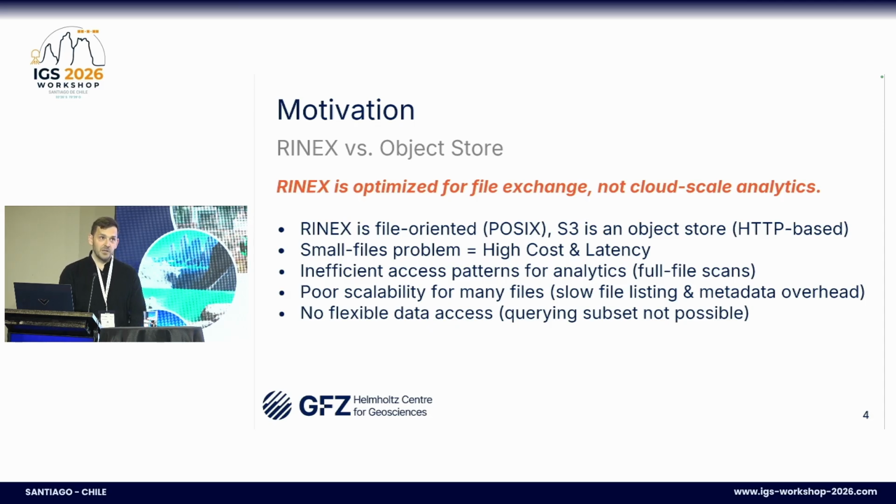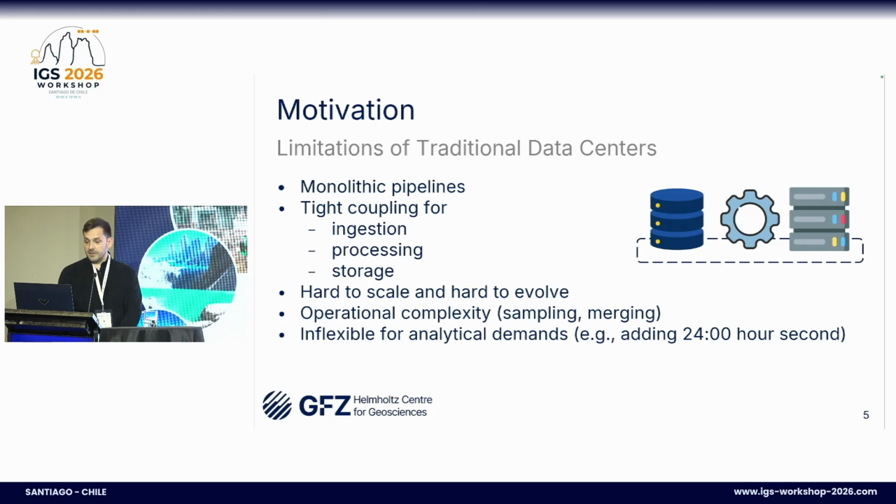And one of the major problems that we see with RINEX is that we have no flexible data access. We cannot simply query a subset of data. We always have to download the full file and extract what we need. The third motivation that we had is the limitation in our traditional data center. We have a monolithic pipeline with tight coupling between ingestion, processing, and the storage, which makes it hard to scale and hard to evolve.